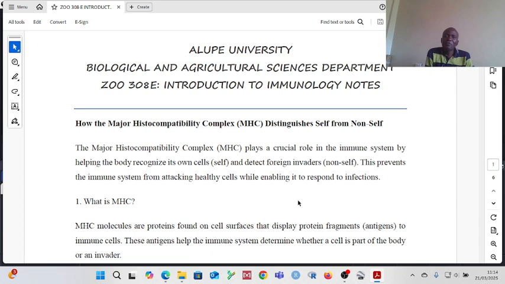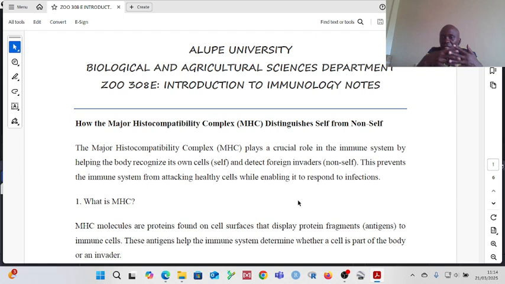By differentiating between self and non-self, it helps the immune system attack what is foreign but tolerate what is not foreign.